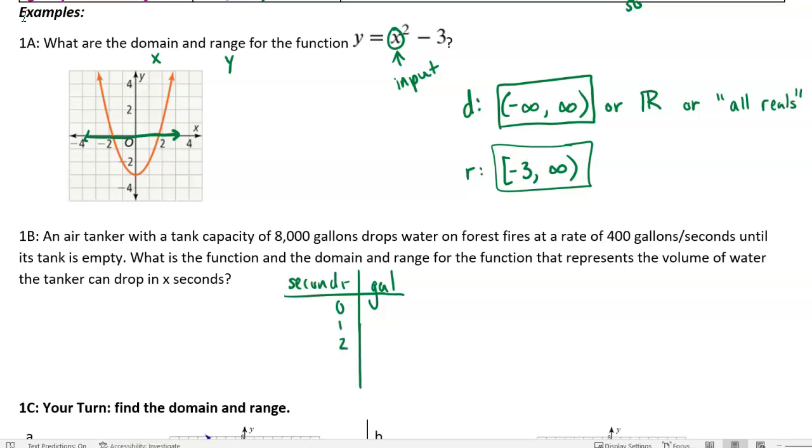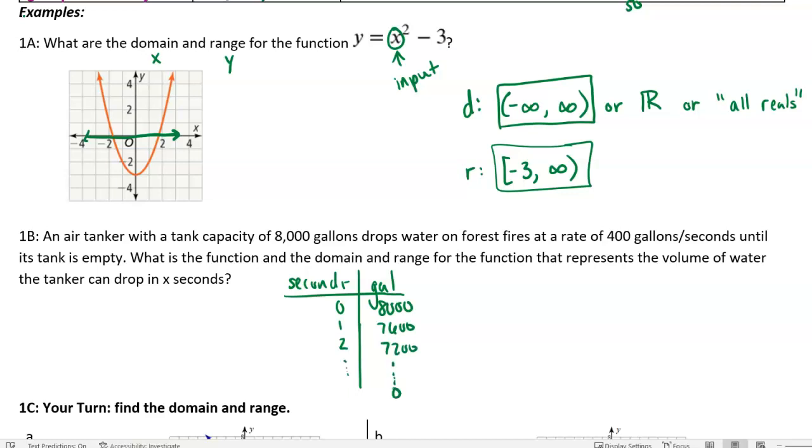So let's think about what's going to happen after a few seconds. Before any time has gone by, before we drop any water, there's a total of 8,000 gallons. As soon as the airplane releases the water, it releases 400 gallons per second. So after 1 second has gone by, that 8,000 gallons has dropped 400 gallons to be down to 7,600 gallons of water, and then 7,200 gallons, and so on.